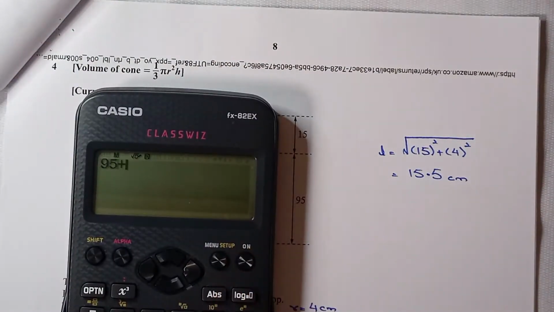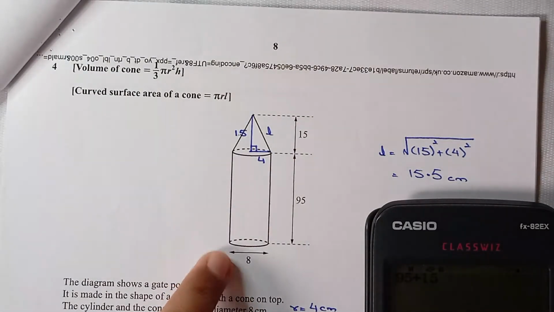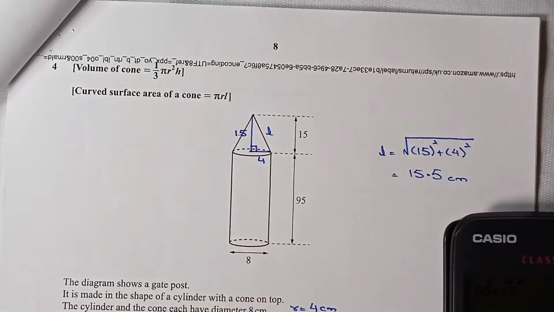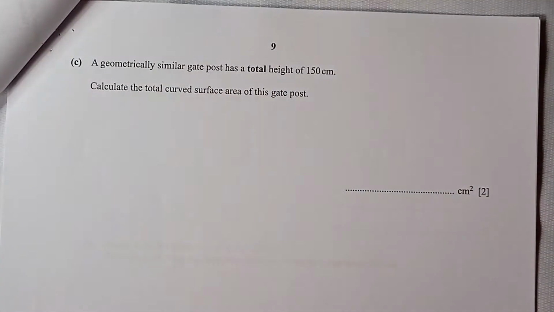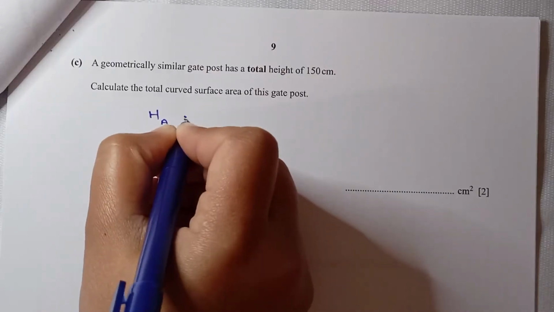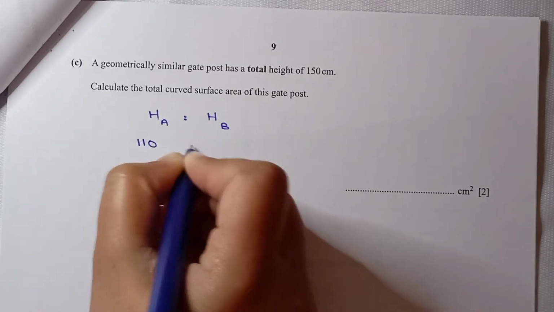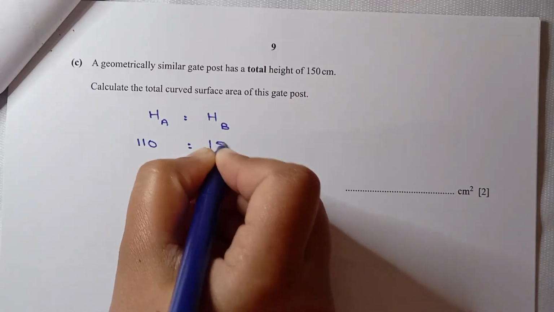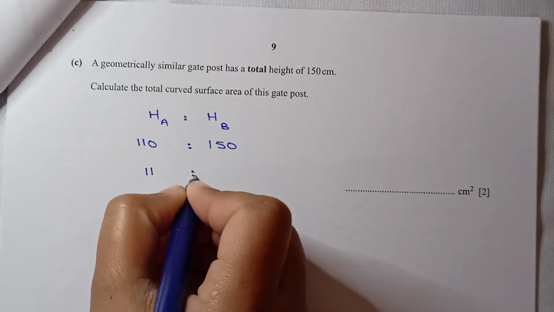Let's say this is gate post A, its total height is 110, and this is gate post B, and its total height is 150. So the height of A to the height of B is 110 to 150, so it would be 11 to 15.